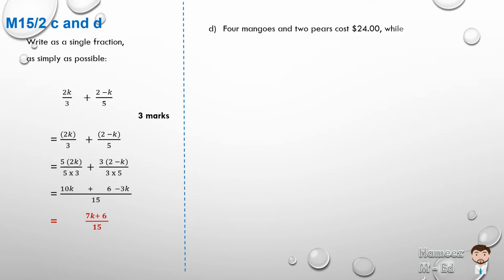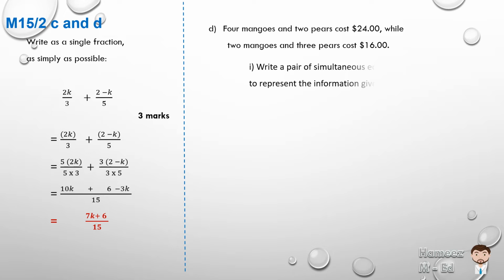4 mangoes and 2 pears cost $24, while 2 mangoes and 3 pears cost $16. Part 1. Write a pair of simultaneous equations in x and y to represent the information given above.